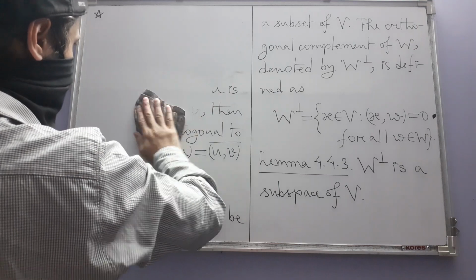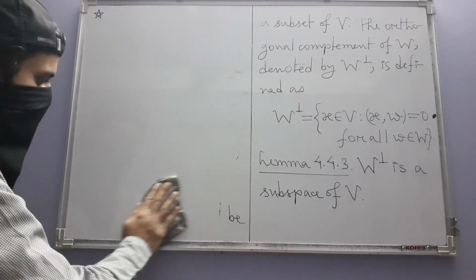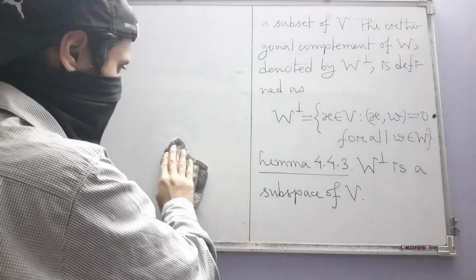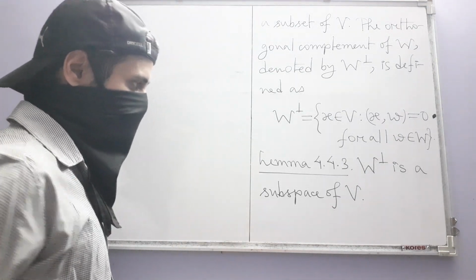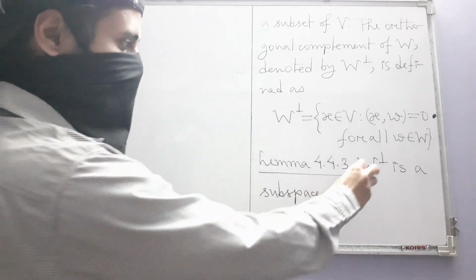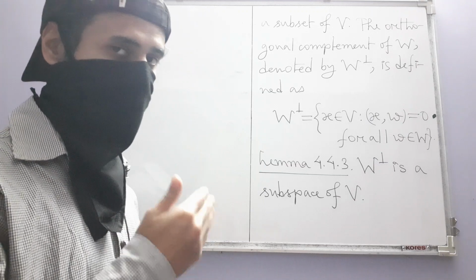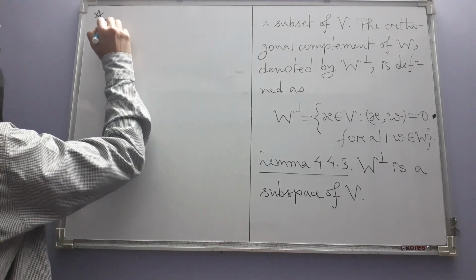Now let me first prove this lemma. The proof is extremely straightforward, but still we have to go through it. We will consider two special cases for this W perpendicular by taking two special W's. Let us first see the proof.